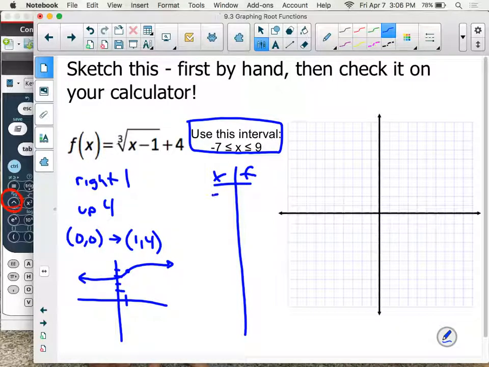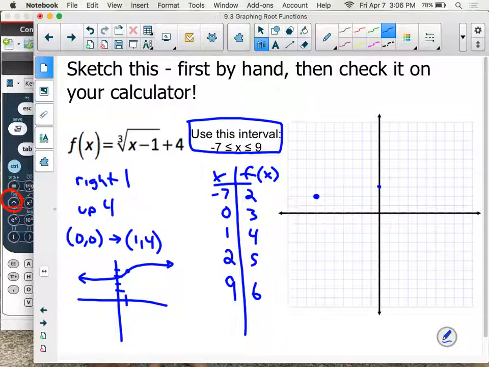And the values that we liked -7. What other ones did we like? I think we liked 0, 1, and 2, and then 9. Those are typically like you get 5 values for these. So we said -7, we were at 2, then 3, then 4, then 5, then 6. So if we were asked to specifically graph this one, we could plot those points off in our table.